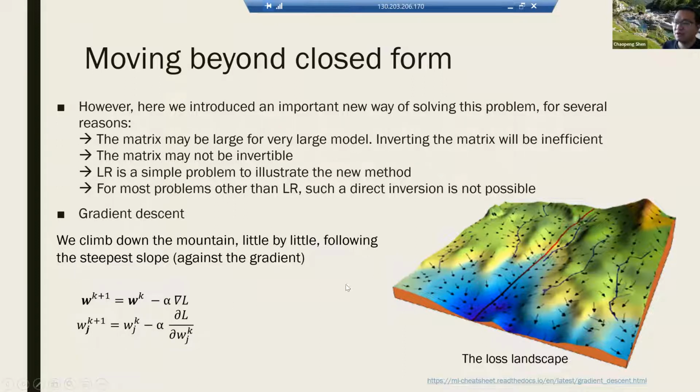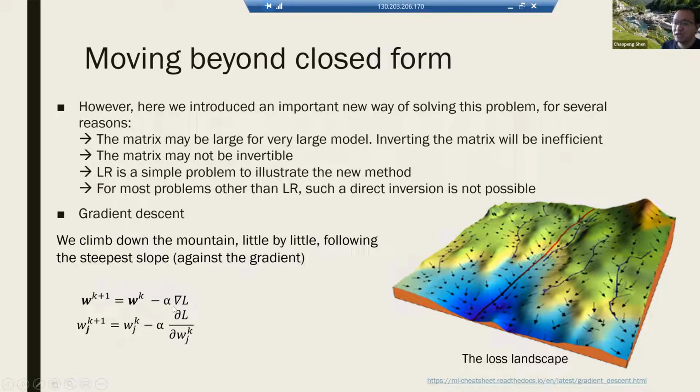Every time we climb, for example here, I know that my slope points this way, so I just want to go down a little bit. Why don't I want to go down a lot? We'll explain this later, because it's a highly complex landscape. If you take too big a step, you might overshoot. Okay, so this is the method of gradient descent.